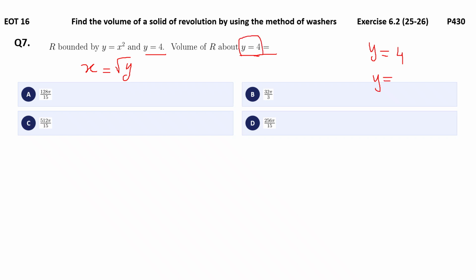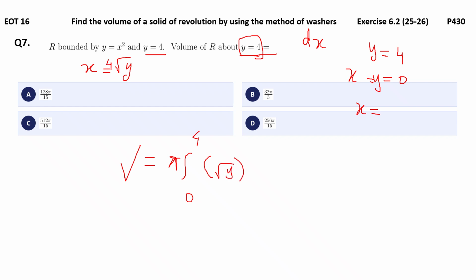y equal to 4 means it's parallel to the x-axis. So we will focus with dx and you need the values of x for the upper limit and the lower limit. So when you replace your y by 4, you will find your x values as, very good, negative 2 and positive 2.